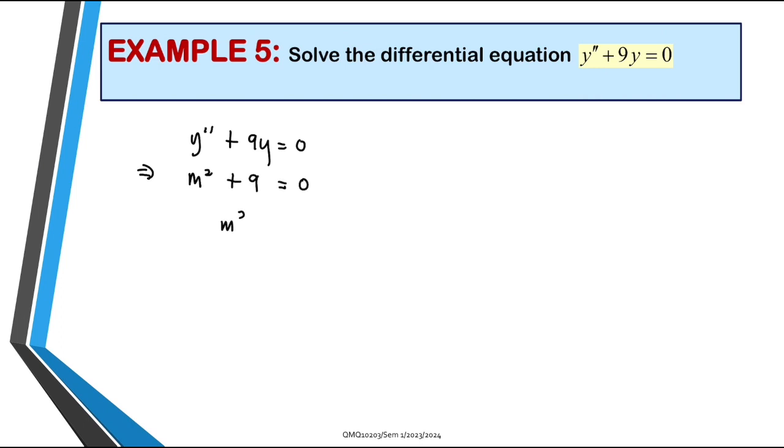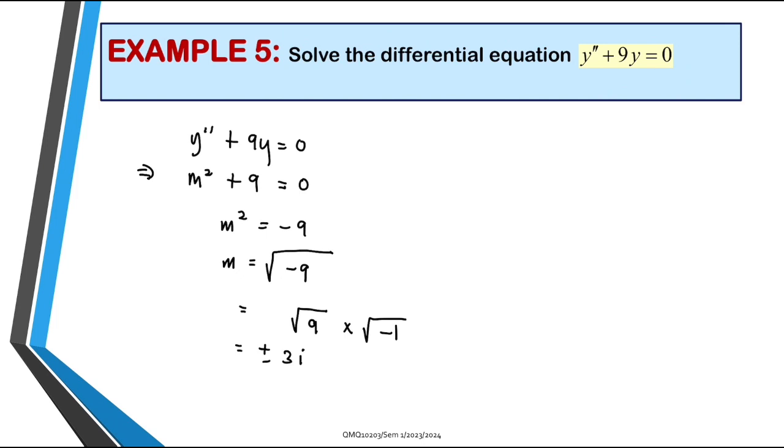So from this equation we have m square equals minus 9, and then m equals square root of minus 9. So this one you can change by square root of 9 multiply square root of minus 1. So square root of 9 is positive negative 3, square root of minus 1 is i. So we have m equals plus or minus 3i.